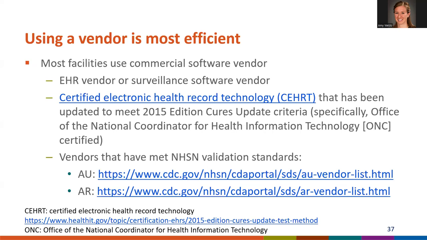Additionally, vendors must also have met the NHSN validation standards. NHSN has their own type of validation, which we'll cover a little bit later in the presentation. And you can see the links on this slide for AU and AR, those vendors that have been validated to meet our validation standards.